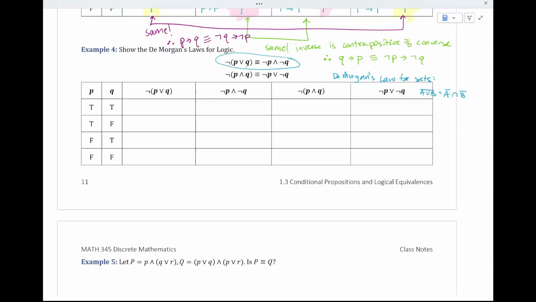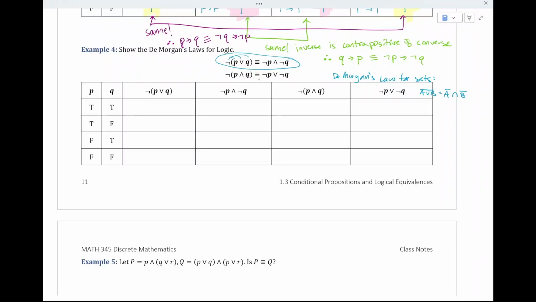Not (P or Q) is equivalent to not P and not Q. You can think of it as distributing that not, so we have not P and not Q. And then the or changes to an and.